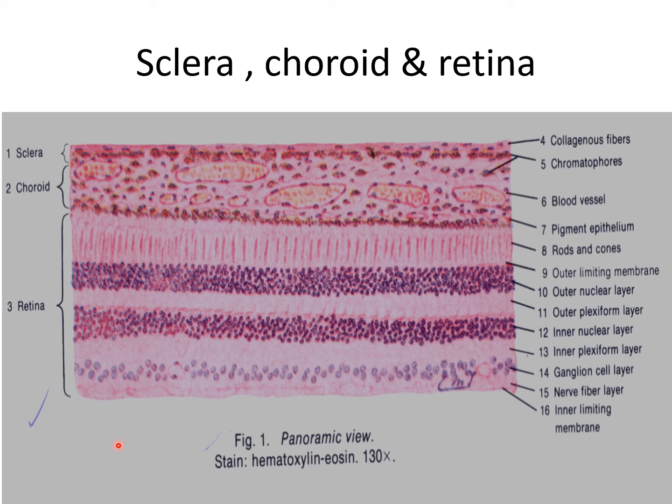Now the seventh layer is the ganglionic cell layer, then the nerve fibers, then the inner limiting membrane. The ganglionic cell layer lies deep to the inner plexiform layer.